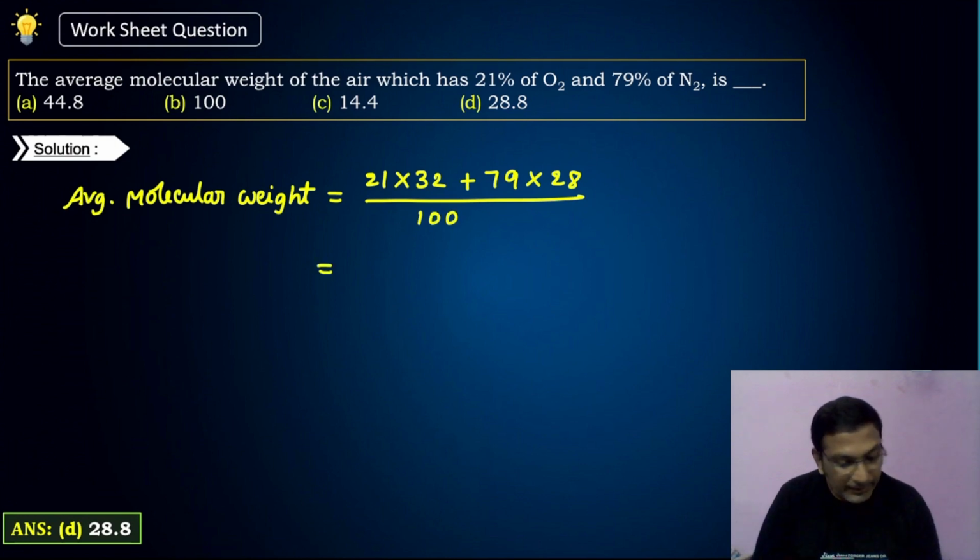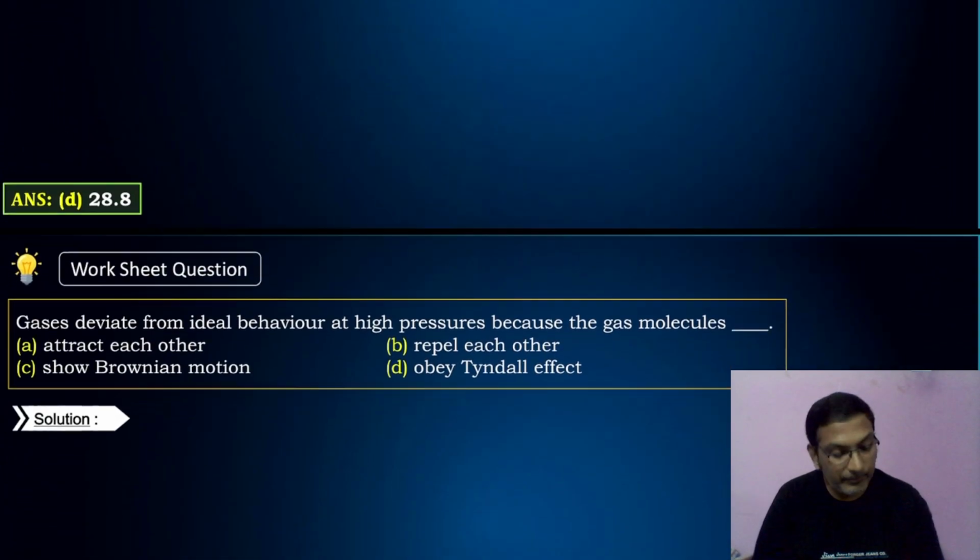So therefore it will be equal to 28.8. So average molecular weight of air is 28.8, which contains 21% of O2 and 79% of N2. So option D. Next.